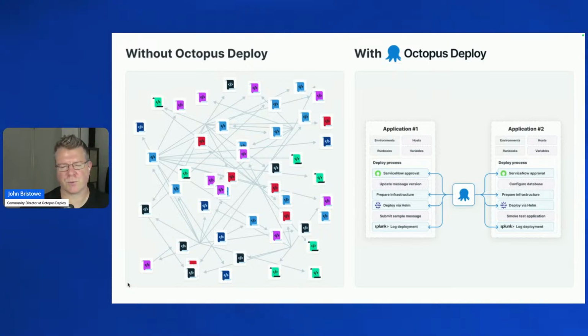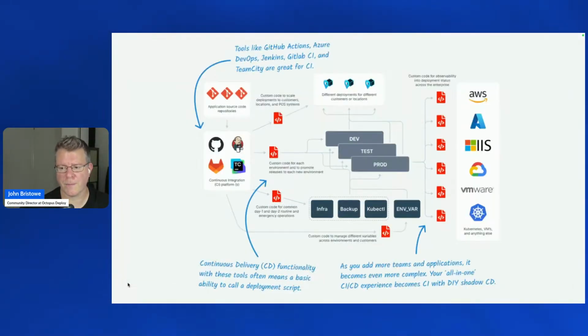And the reason why that's relevant is because you see a lot of shadow DIY sort of continuous delivery that's done in organizations. If you use even a tool that's popular like GitHub Actions, for example, a lot of that stuff you have to write yourself. You have to define the deployment processes yourself. And so with Octopus Deploy, we try and make that a safe and sane sort of environment within which you can work. And of course, that extends out across your entire pipeline.